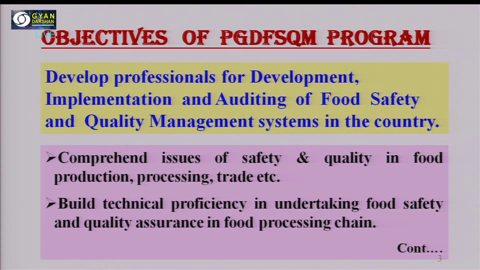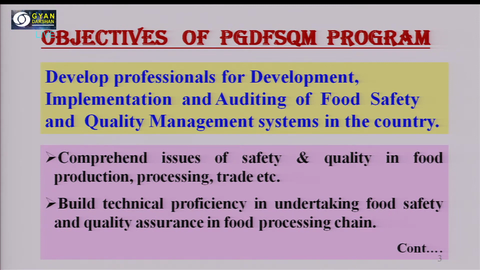So how will that be possible? Through this program, you will learn to understand the issues of food safety and quality management in the food production chain. Food production chain, I mean to say starting from food production, food processing, food packaging, food retailing till consumption throughout the food chain. So you will be able to understand the issues related with food safety and quality management.